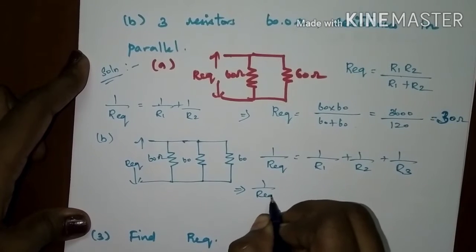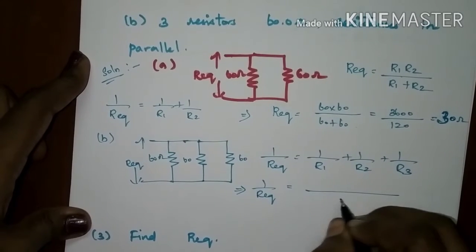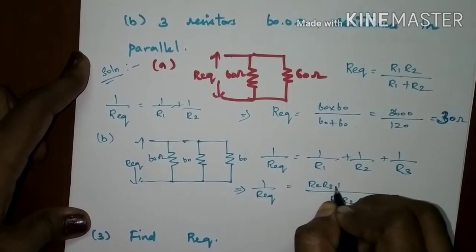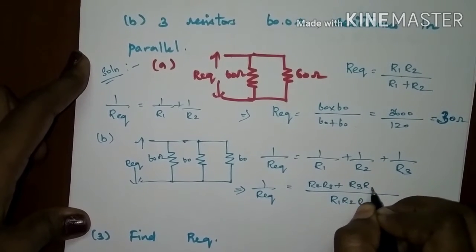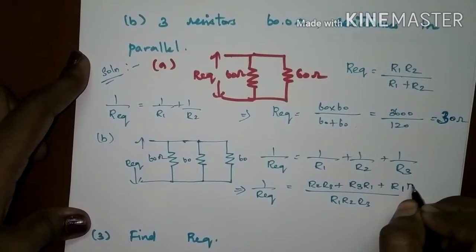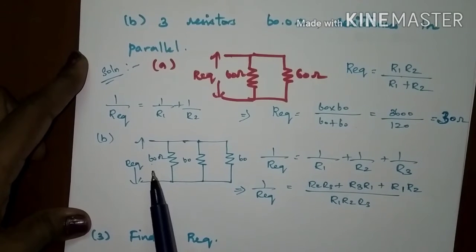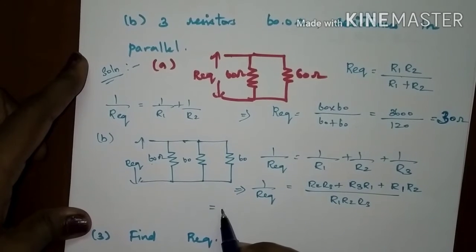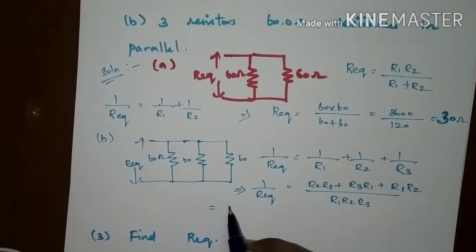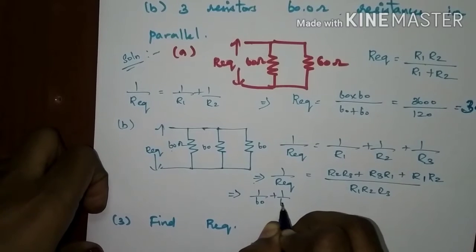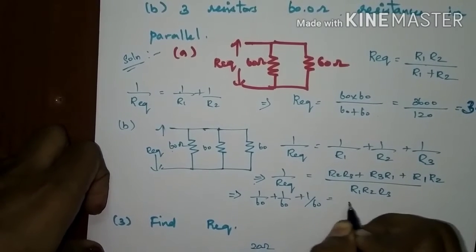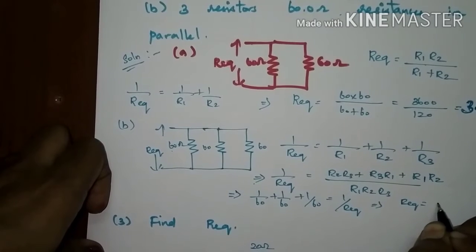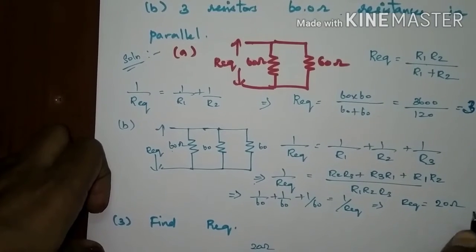Taking the LCM, we will get R2 R3 plus R3 R1 plus R1 R2 over R1 R2 R3. The value of R1, R2, R3 is 60 ohms each, the same values. Doing the mathematical calculations, we get 1 by 60 plus 1 by 60 plus 1 by 60 is equal to 1 by R equivalent. We will get the value of R equivalent as 20 ohms.